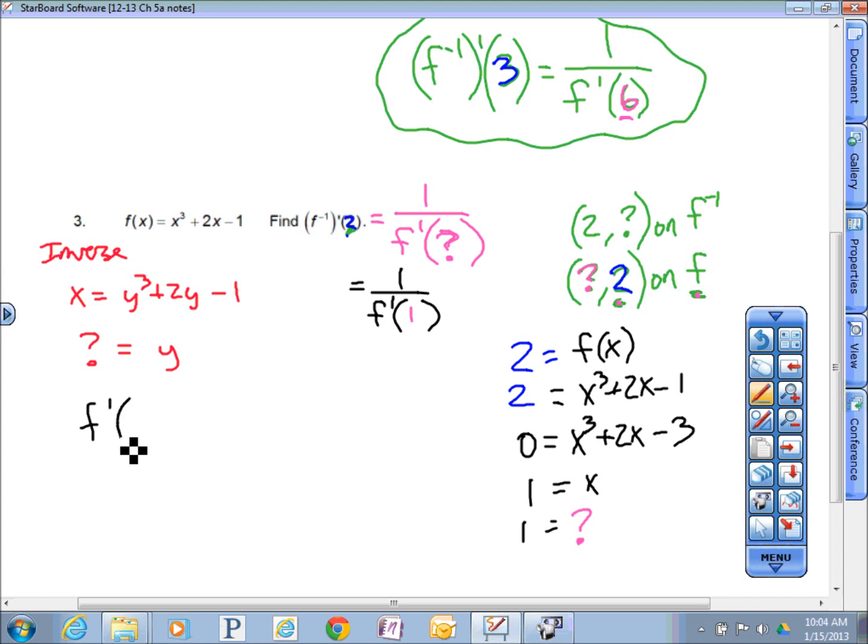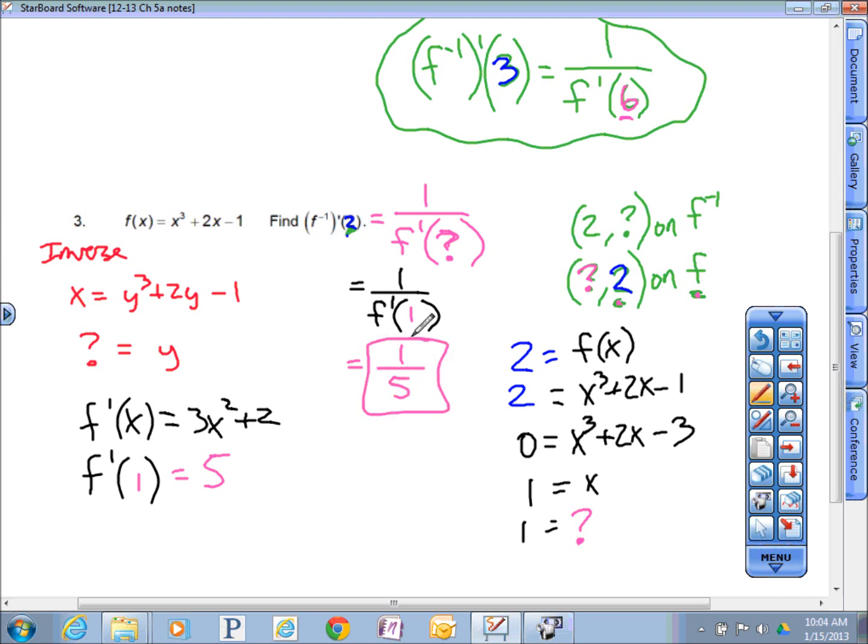F prime of x is going to be 3x squared plus 2. F prime of 1 is going to end up being, oh, what are we going to have? F prime of 1, 3 times 1 is 3 plus 2 is 5. It looks like my f inverse prime that I was asked to find is going to end up being 1/5.